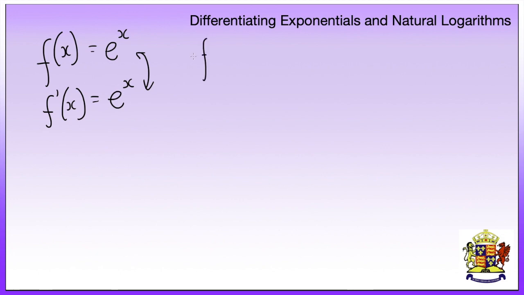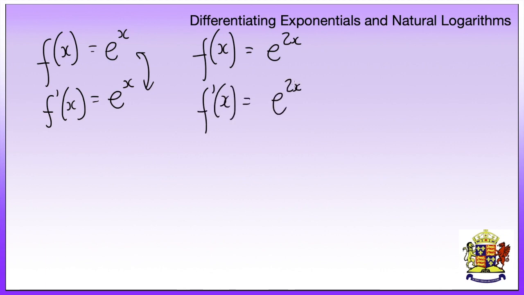So for example, if I have f of x is e to the 2x, then when I differentiate it, I'm going to start by writing e to the 2x. In this case, because 2x, when I differentiate it, gives me 2, I multiply my function by 2, so I get 2e to the 2x.